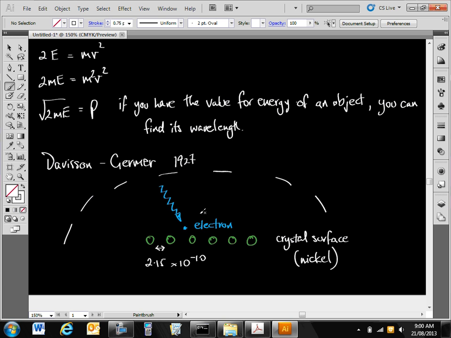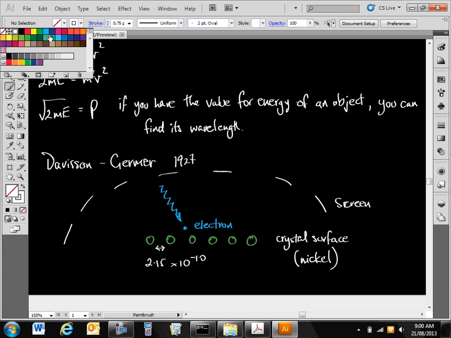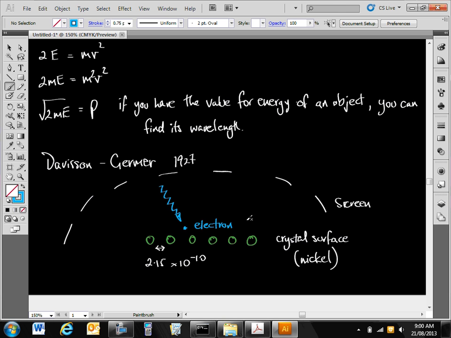So they fired these electrons at this surface. They set up screens around this setup, and they had a look to see what was going on. Of course, when the electrons come off of this crystal surface, where they tend to collect, you would see the screen lit up at that point.